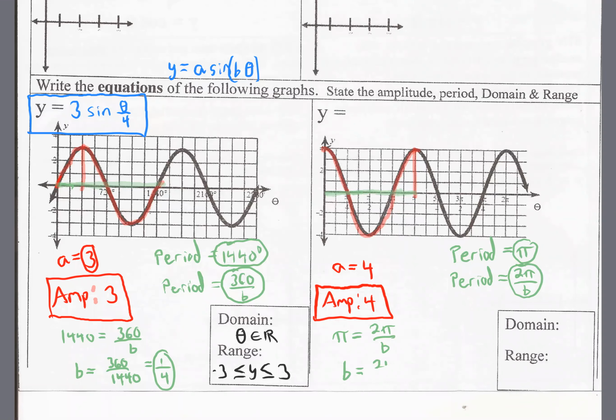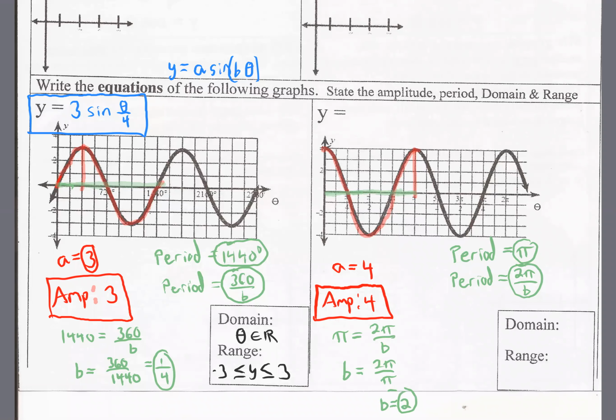So now I have my b and I have my a. Someone tell me, is this a sine or a cosine graph? Cosine. This one is cosine. Good, because the y-intercept is a maximum point. Even if it was a minimum, it would still be cosine. We'll look at that in the next lesson.